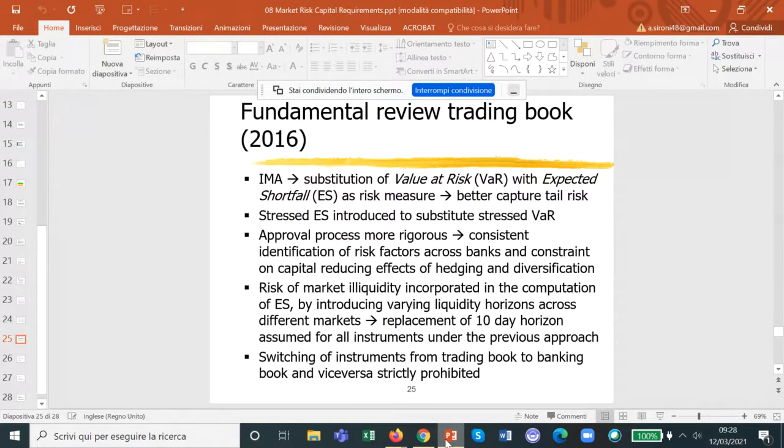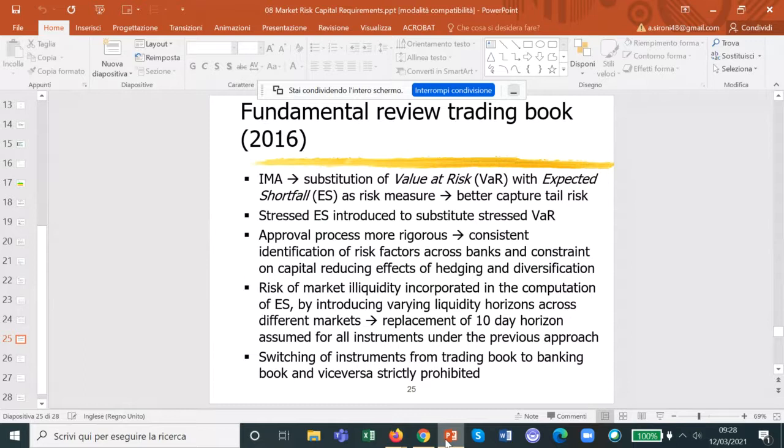Now, the more significant innovation in the internal model approach is that the regulators are requiring banks to move from value at risk to expected shortfall. Okay, so this is a very significant change because basically over time, banks all over the world will have to move from value at risk to expected shortfall to estimate their capital requirements.